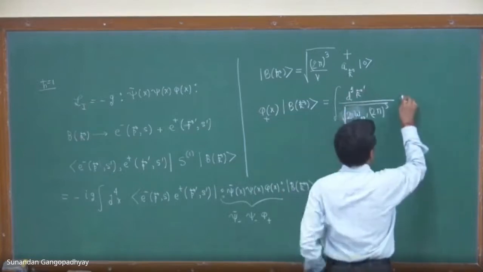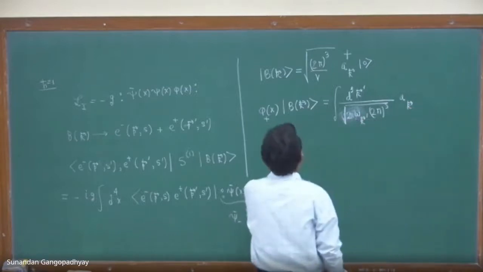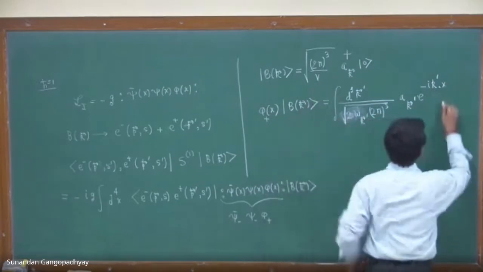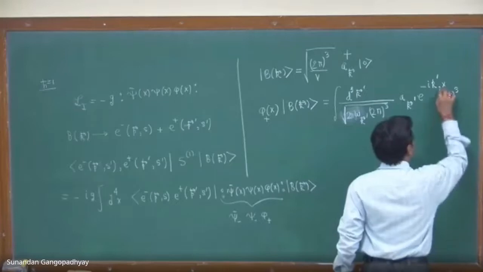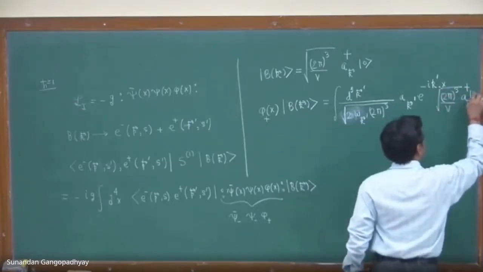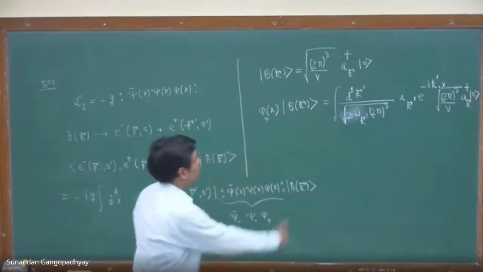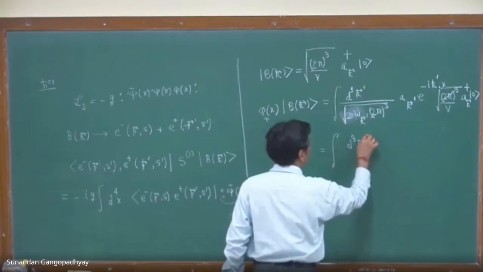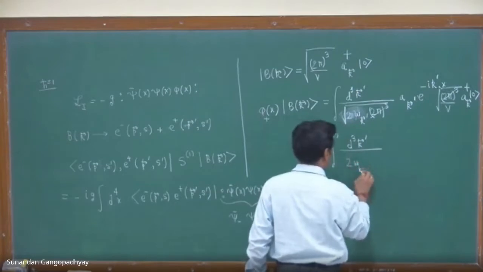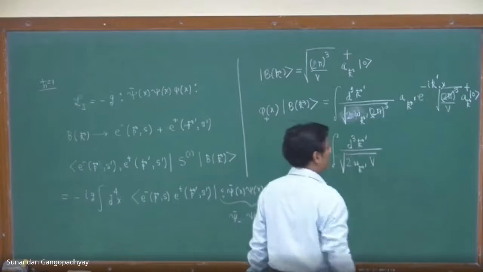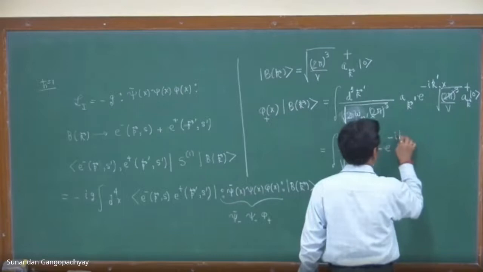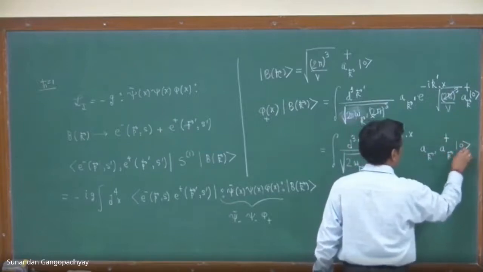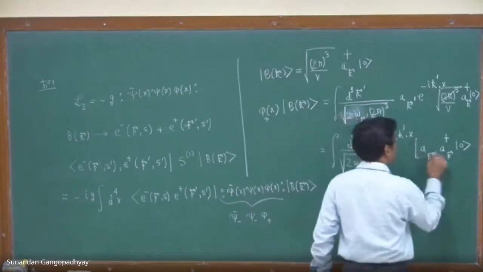So this is simple to calculate. Now you can replace this by a commutator, right?